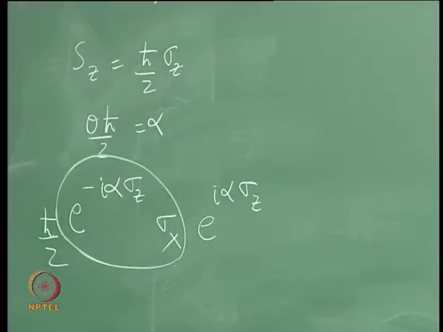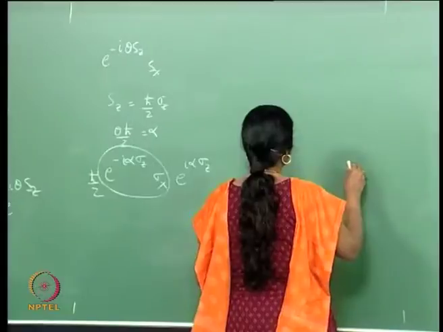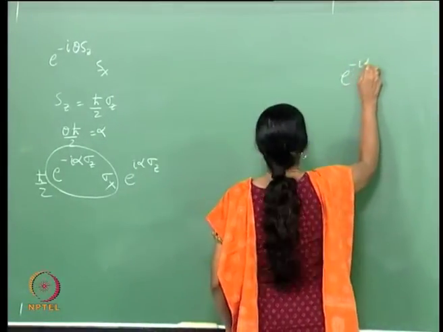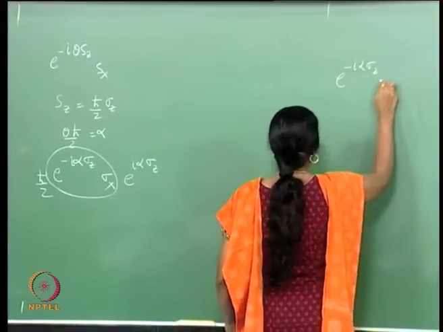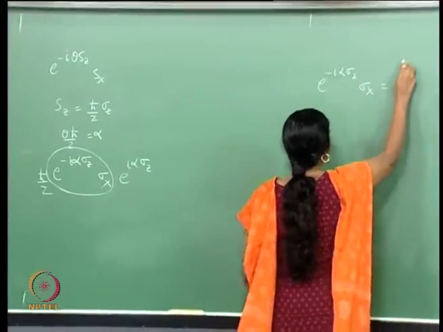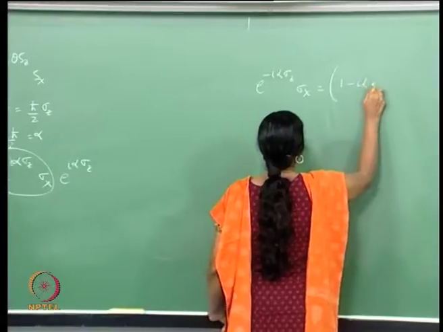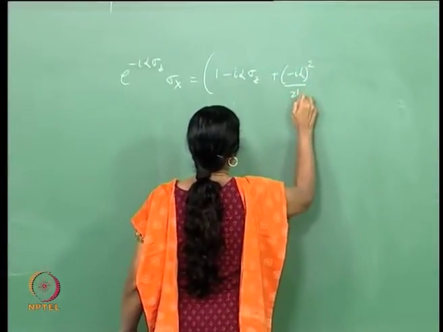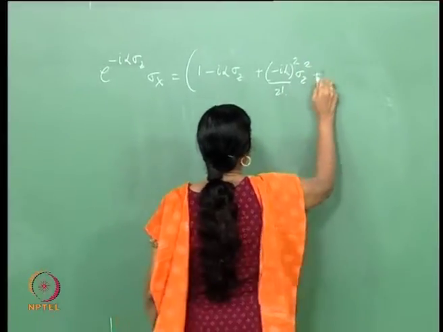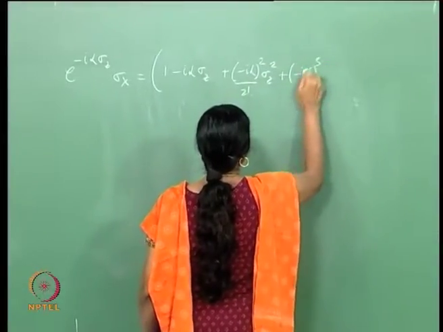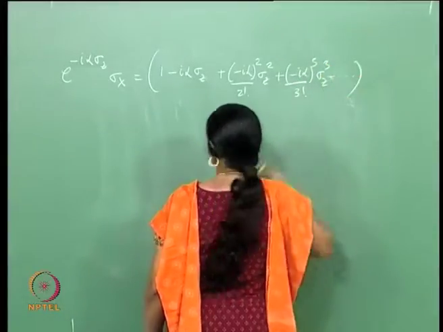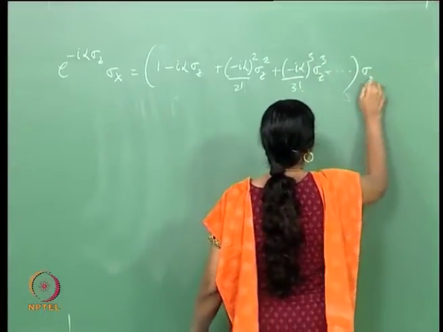I can make a series expansion of the exponential. So, e to the minus I alpha sigma z sigma x is simply 1 minus I alpha sigma z plus minus I alpha the whole squared by 2 factorial sigma z square plus the next term and so on, and this multiplies sigma x.